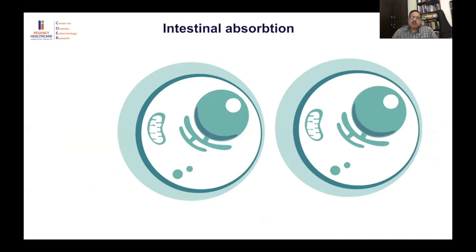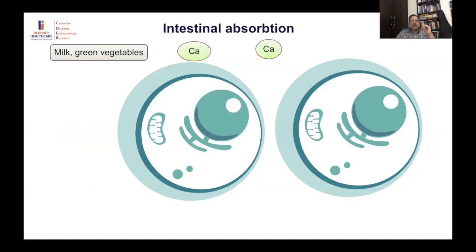So now in this perspective, the intestinal absorption is an important situation, and we have got 2 modes of intestinal absorption. We've got calcium which is there largely in milk and dairy products and green vegetables, and this calcium can go through the gut either through a paracellular mechanism or through an active transport.